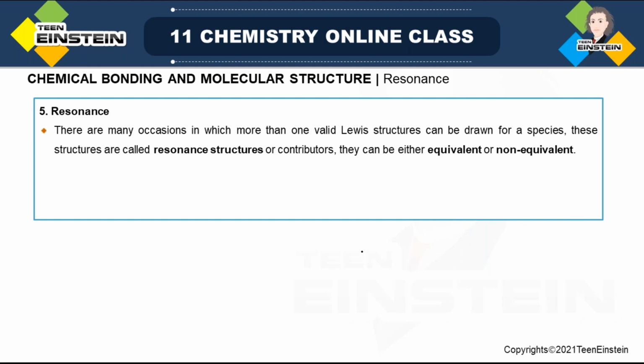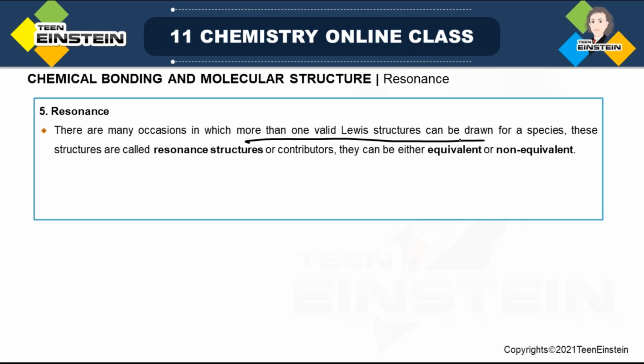Lewis structure, how to draw that, we have already seen in the first part of this unit, right? Now there are many occasions where you will see that more than one Lewis structure can be drawn for a particular species. That means all are valid, so you cannot cancel any Lewis structure.